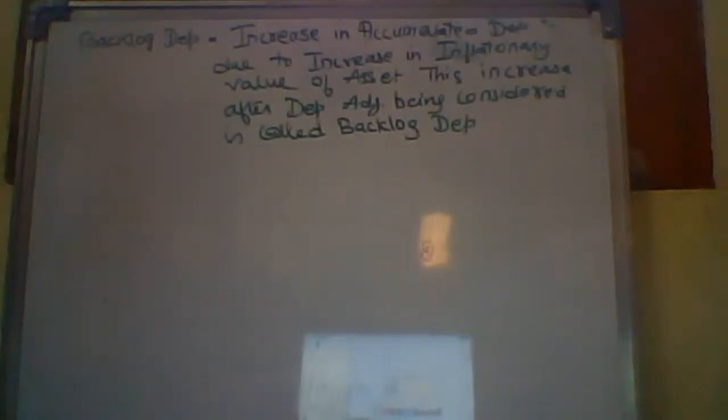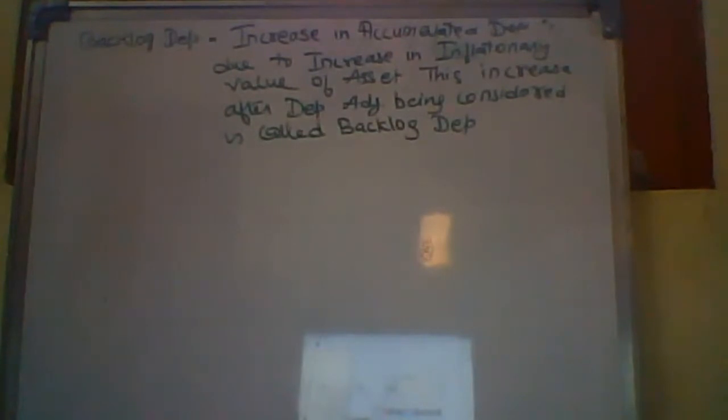So that increase in the depreciation, after making adjustments towards the depreciation adjustment amount, that excess amount which is still to be adjusted is basically called backlog depreciation.